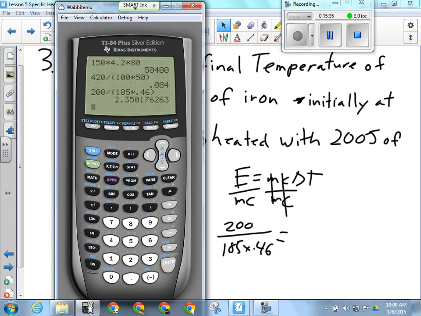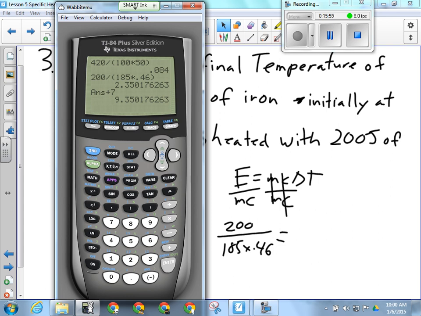Is that going up or down? Up. It says I'm heating it, so it's going to go up. So if my initial temperature was 7 degrees, my final temperature is going to be plus 7, which is 9.35 degrees Celsius. That's as hard as they get. I think you guys can handle that though, right?